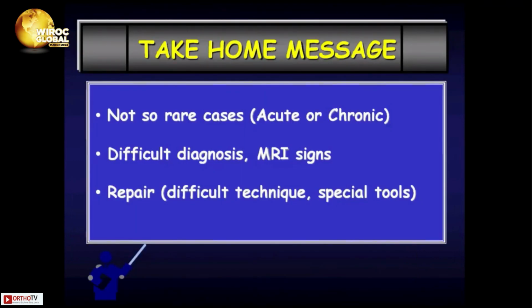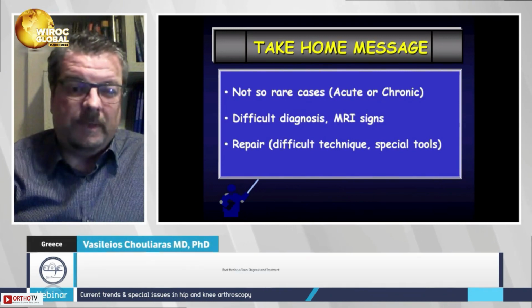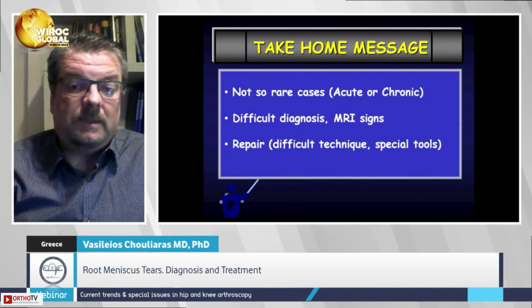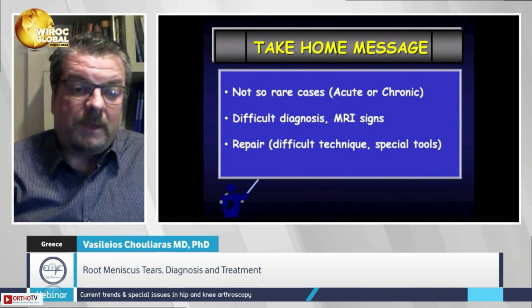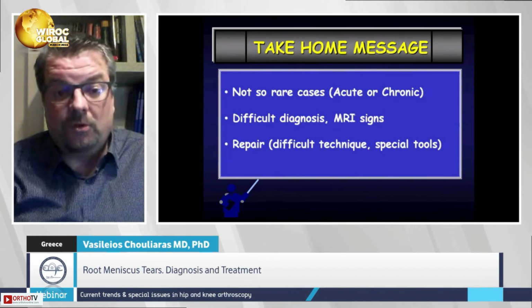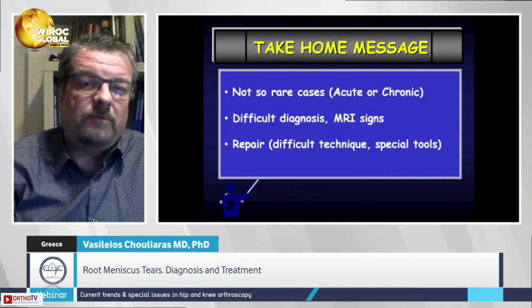So, in conclusion, these are not so rare cases, of course, both for the lateral and the medial meniscus. It has a difficult diagnosis, but we must inspect the MRI signs very carefully, and we must remember that the appropriate treatment, especially in young or middle-aged patients, is the repair of the meniscus.